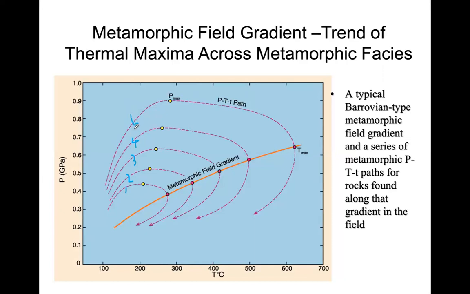There are 5 units here, maybe representing one terrain, but different rock units, which may have been lying at different crustal depths. So they must have their own PT paths depending on their crustal depth, because that is represented chiefly by pressure.